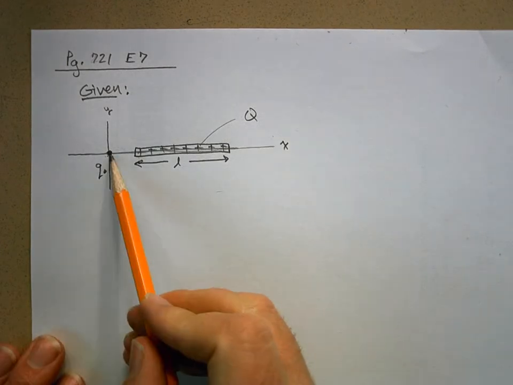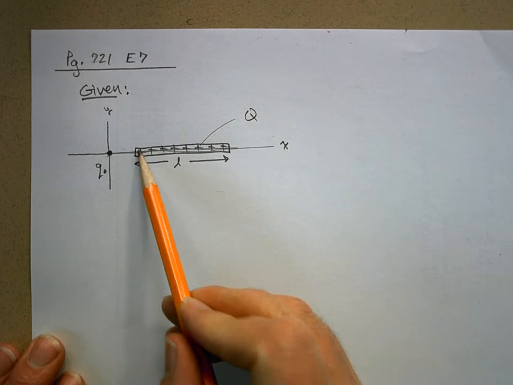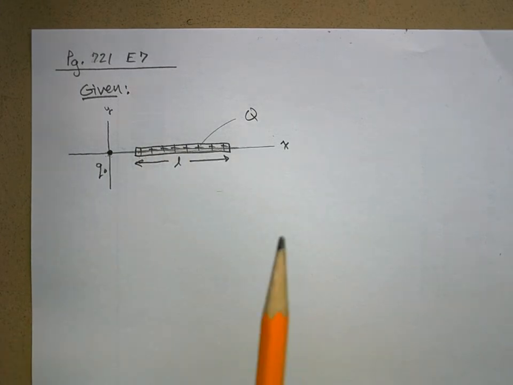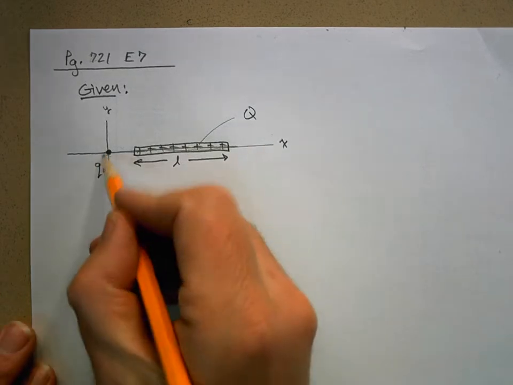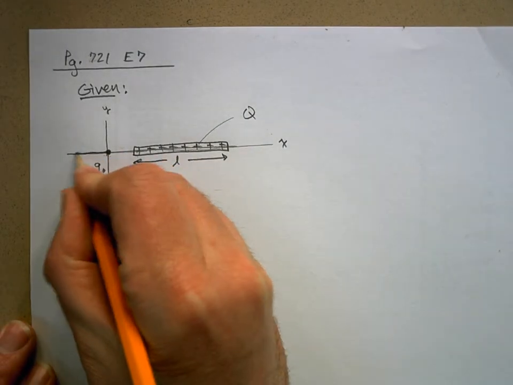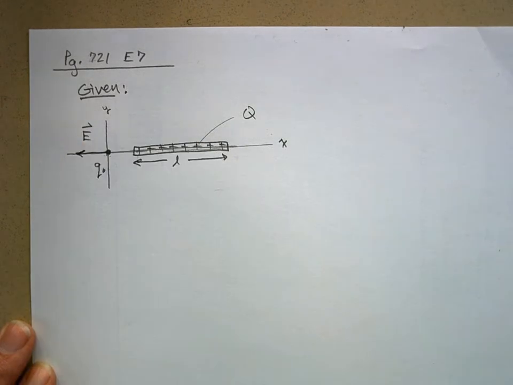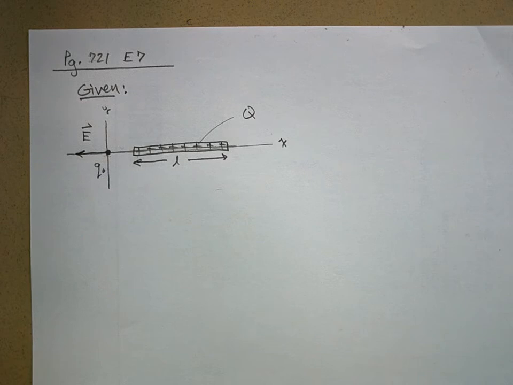So if I put a positive charge here, look at these positive charges. What are they going to do? Positive charges repel. So they're going to push this guy to the left. So there's my electric field. It's the force on this test charge, pushing it to the left, divided by the test charge.